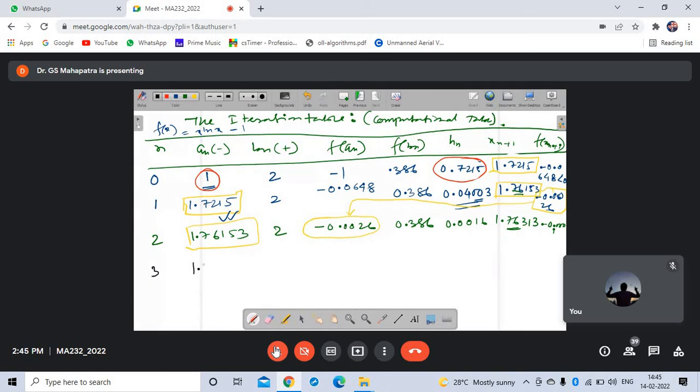So 1.76313. Okay, and 2 remaining same. F of 0 is minus 0.0001, 0.386. Now Hn you have to find.